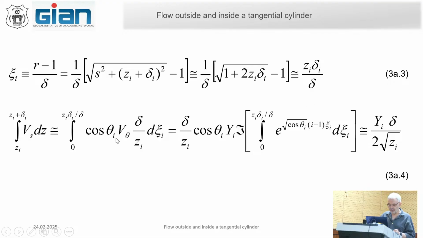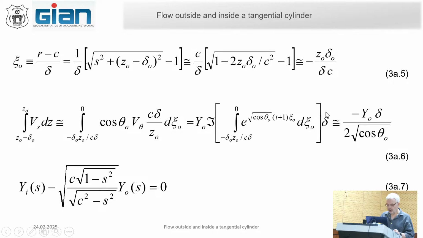So finally, here is how it works in the final form. When we substitute all the variables which are required, eventually we see that this equates to this form. Of course, this delta I and delta O vanish.